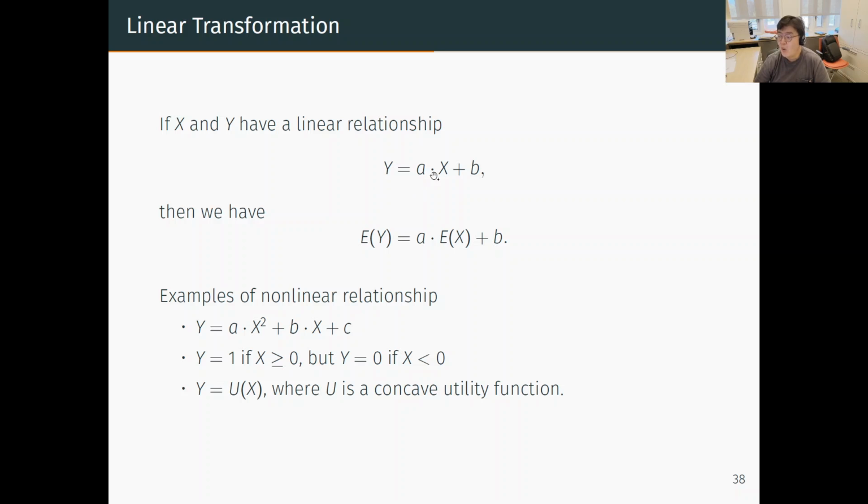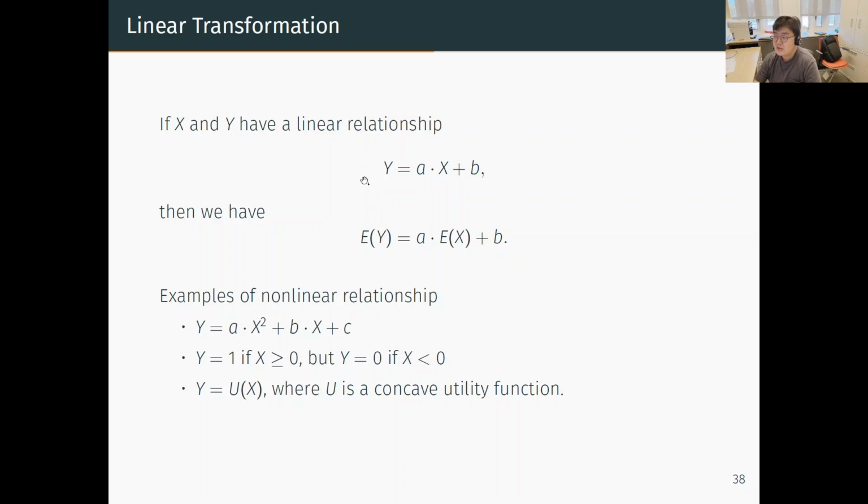You get Y only by multiplying something and adding something. Of course, it could be like division, like if you put 1 over a, dividing by a means multiplying 1 over a. So it includes division. And also subtraction is included if b is negative, that means just subtracting some number. So anyhow, linear relationship takes this form.